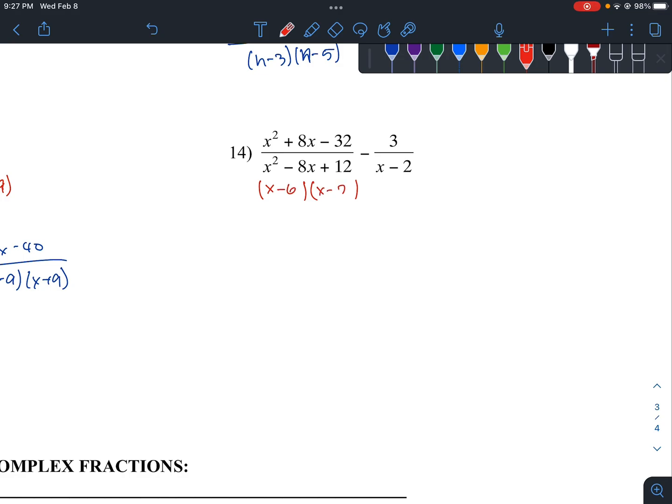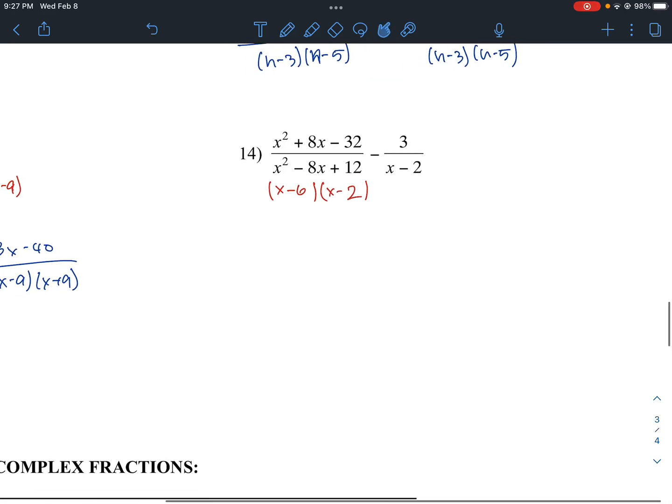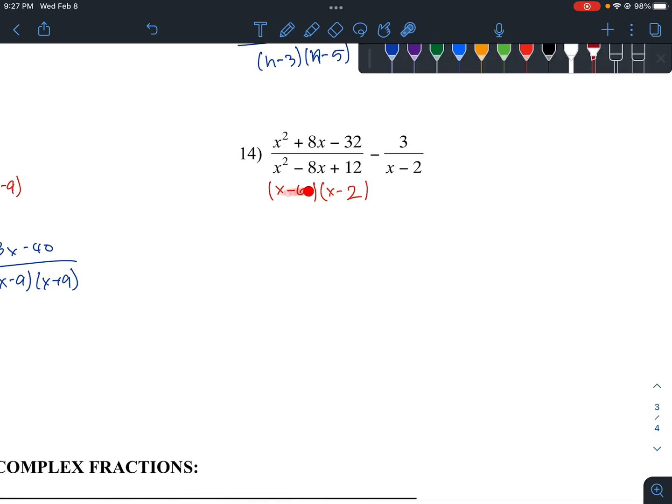You can see that this is composed of x minus 2. So all I need to do to get a common denominator is multiply this by x minus 6. When I do that, make sure that you mark this as negative 3. Okay, and then I have a common denominator of x minus 6 and x minus 2. Then I'm going to distribute this negative 3 to those terms right there.